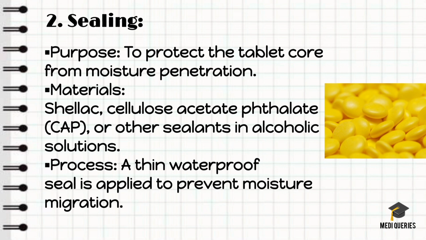As you all know, when the tablets get exposed to a hydrated environment, there is a chance for the tablet to soften. So, in order to prevent exposure to the syrupy liquids in the sugar coating, this waterproofing is given before the syrupy coating.